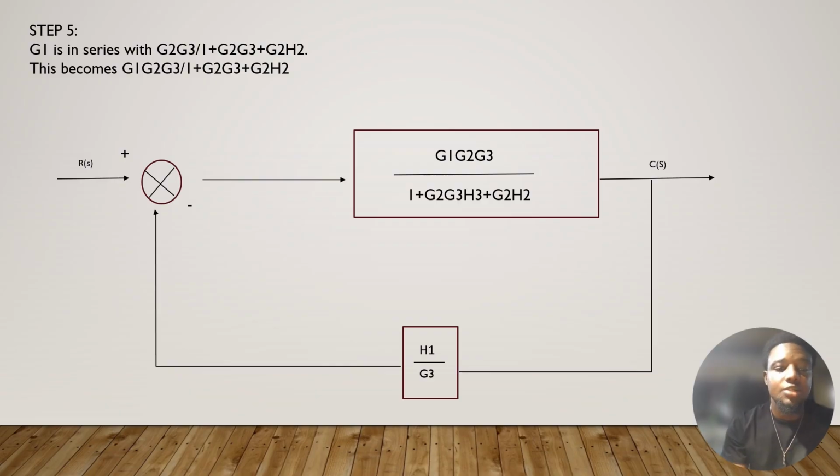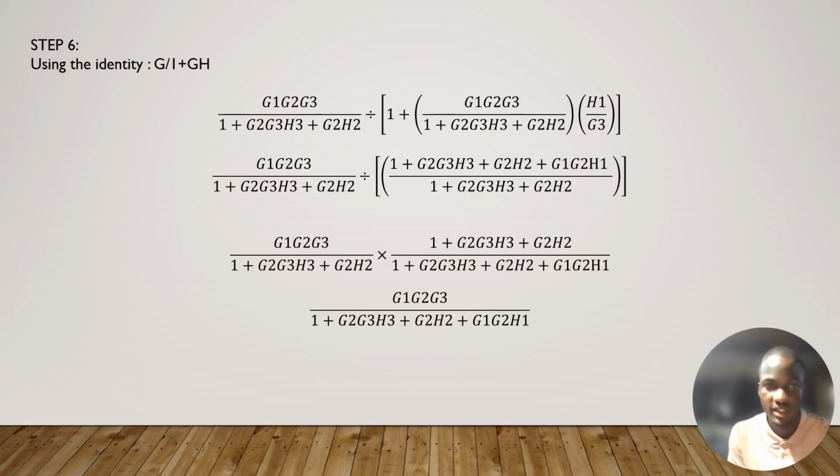This expression represents the overall relationship between the system input and the output. It shows how the gains and feedback elements affect the system performance. With this final transfer function, engineers can now analyze the system for stability, response, design, and improvements of the design.